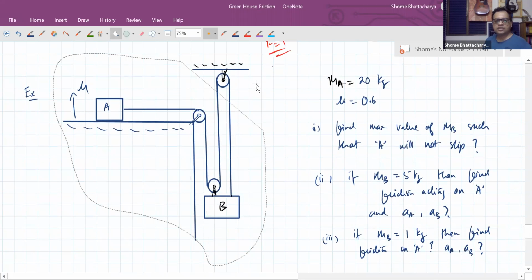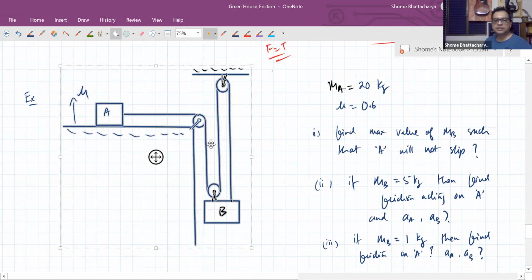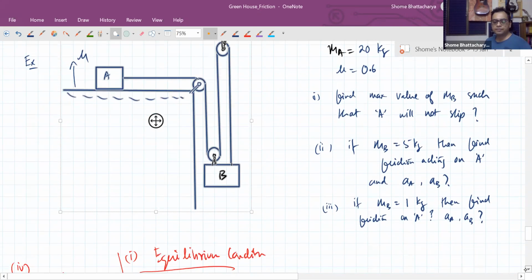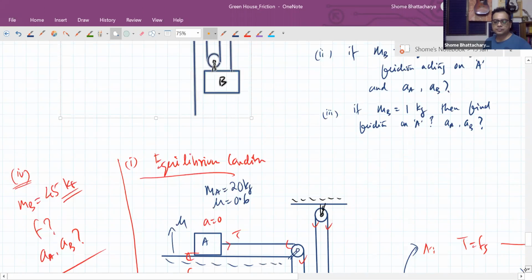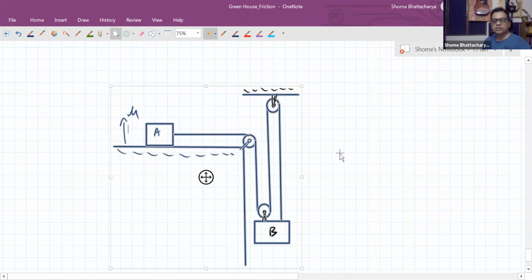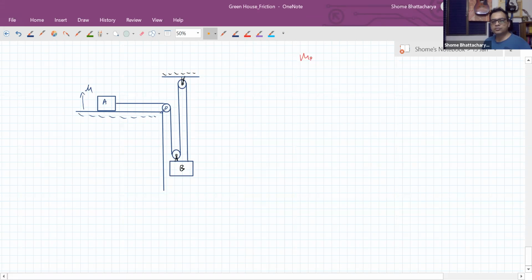And when this system involves slipping, what kind of constraint relation will be there? The acceleration of A and B will have a certain ratio. That will be a 3:1 ratio. So when we take the mass of B as 45 kg, this will now involve acceleration.